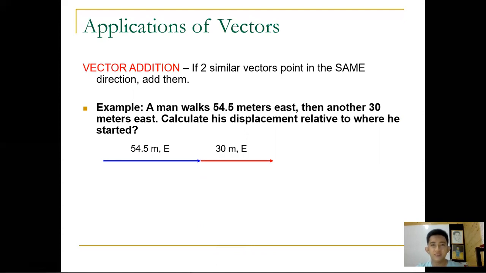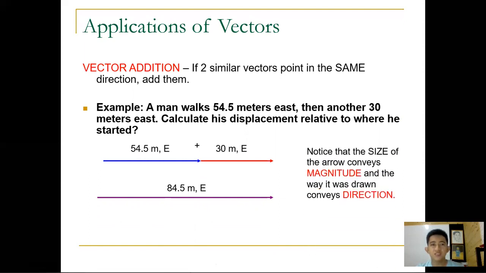Adding these, the total displacement of the man is equal to 84.5 meters, with the direction moving towards the east. Let us notice that the size of the arrow conveys magnitude and the way it was drawn conveys the direction.